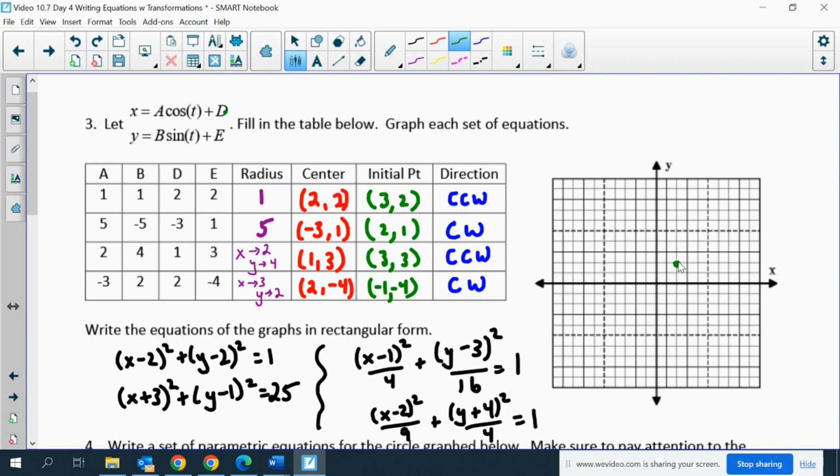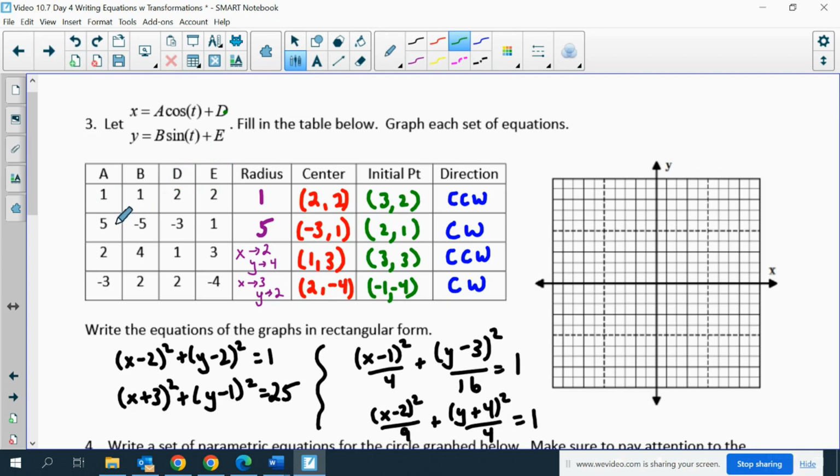So my center of my circle is going to be at 2, 2, starts here and goes in this direction as I just plot some points on cosine and sine. So notice that this D and E actually shift where the graph is.